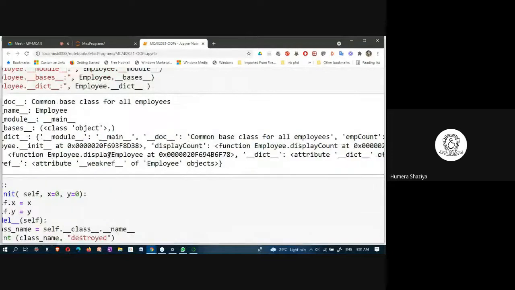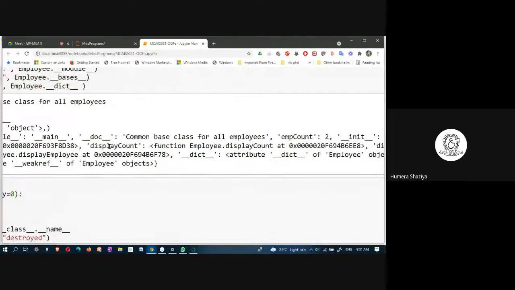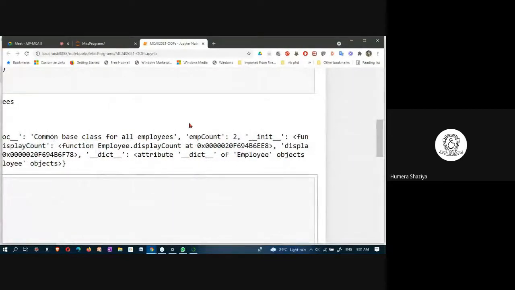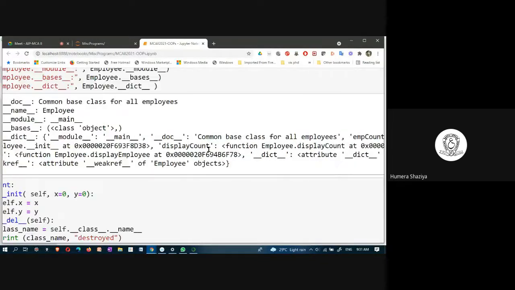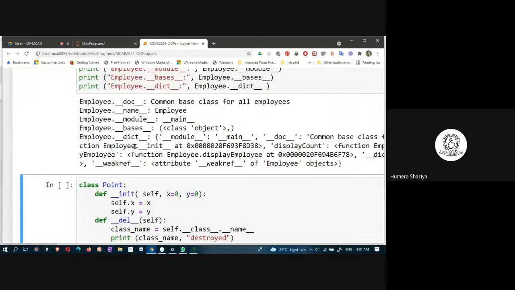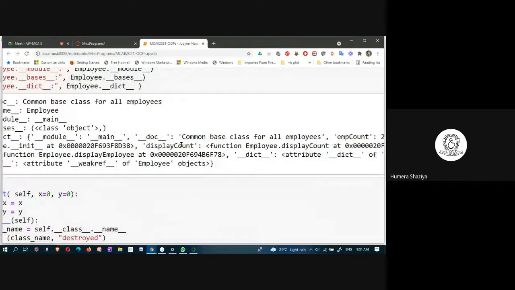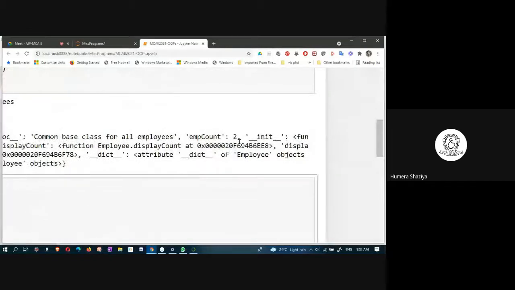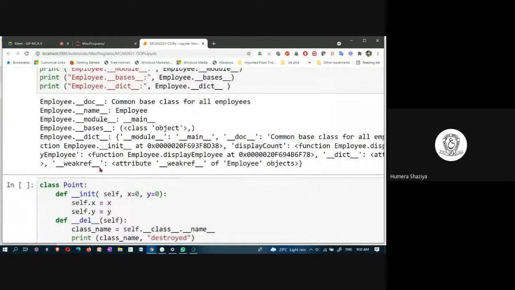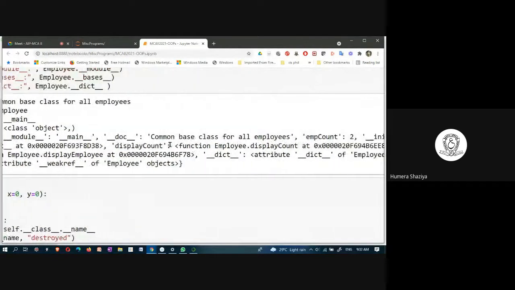The module name is main, documentation is this, empCount is 2, init is a function at this memory, displayCount is a function at this memory, displayEmployee is also a function at this location.